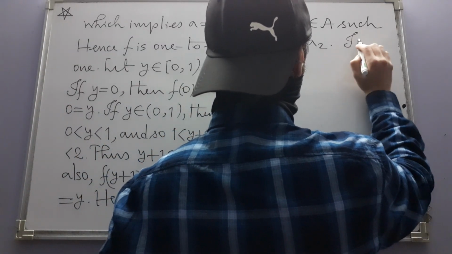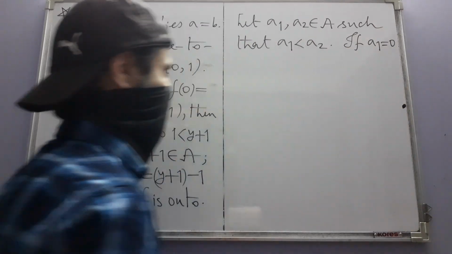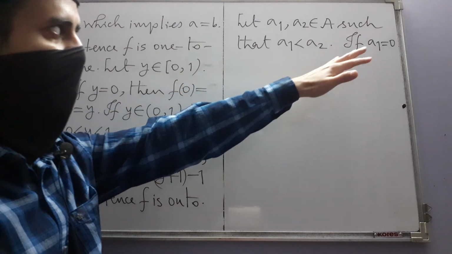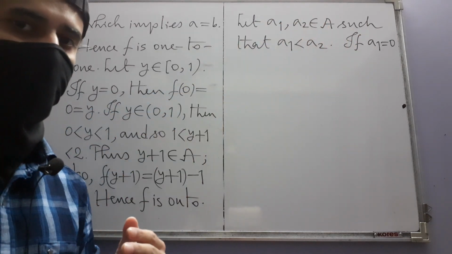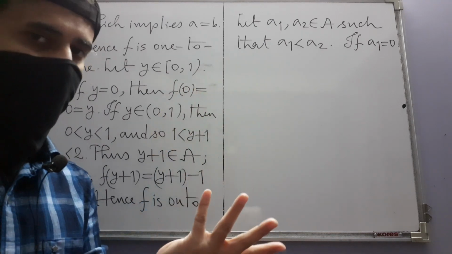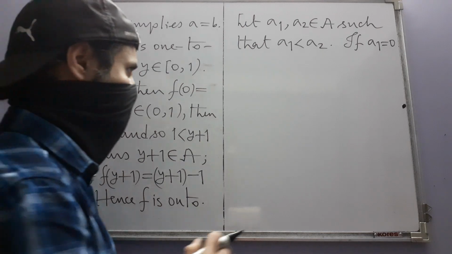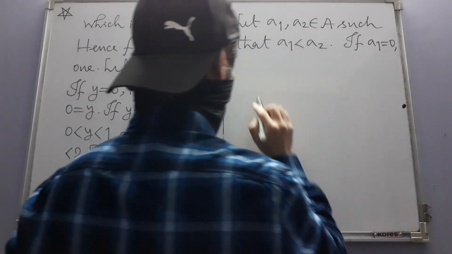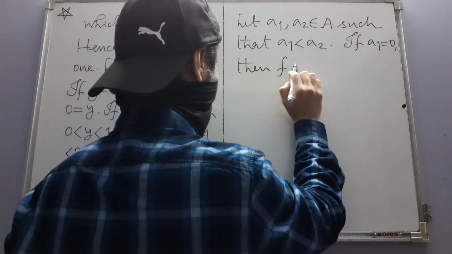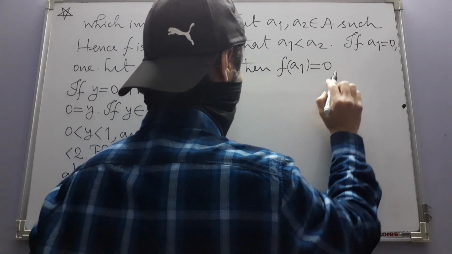Okay, now if A1 is equal to 0, keep in mind that 0 is the smallest element in A, because the other elements lie between 1 and 2. So it's possible for A1 to be 0. That is one case. Then f of A1 is also 0.